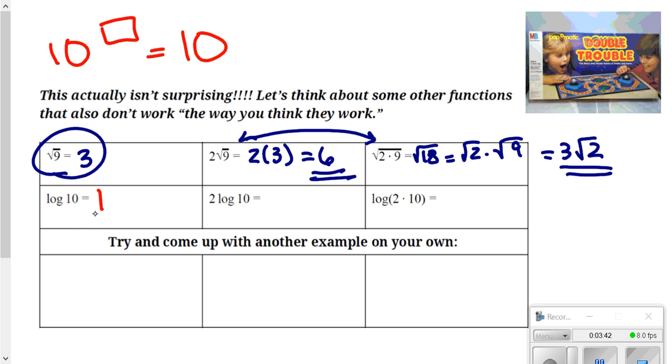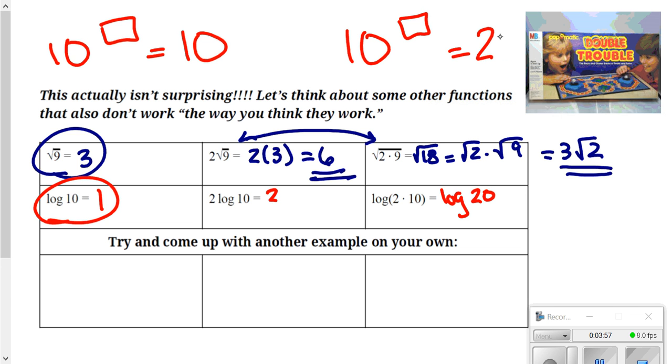Okay, so now that we remember that the base 10 log of 10 is 1, I know that this is 2 times 1, that's 2, whereas this is the base 10 log of 20. In other words, 10 to the blank equals 20. I think I need a calculator for that. So I pulled out my calculator and I got 1.301. 2 and 1.301, not the same number.